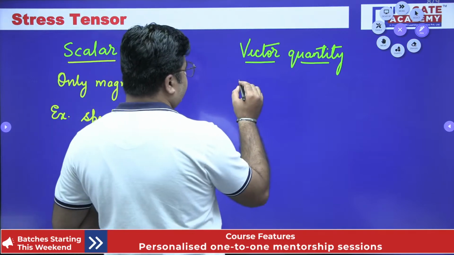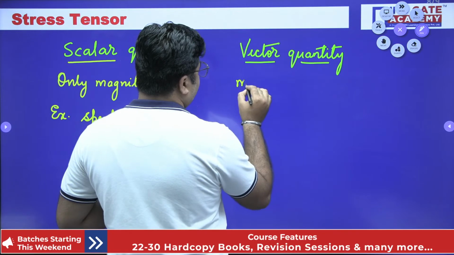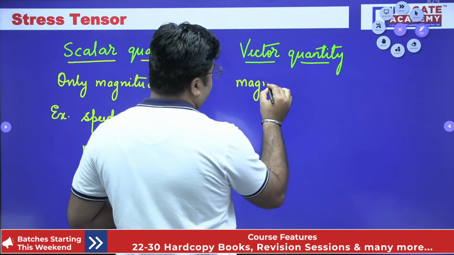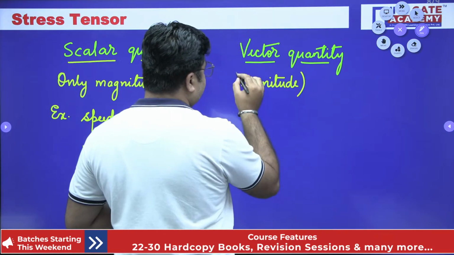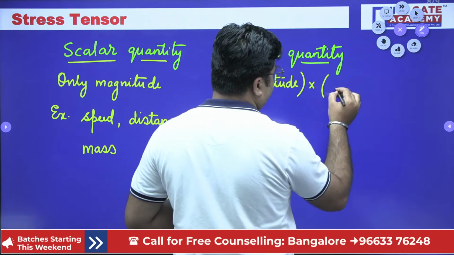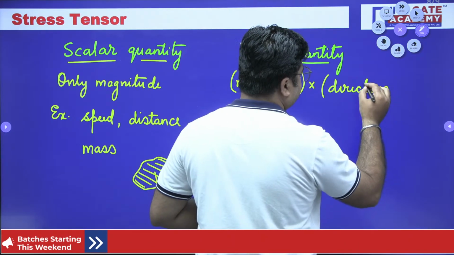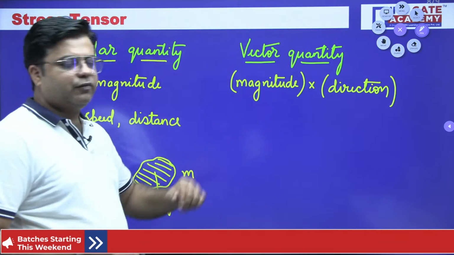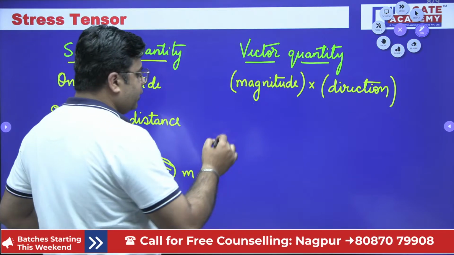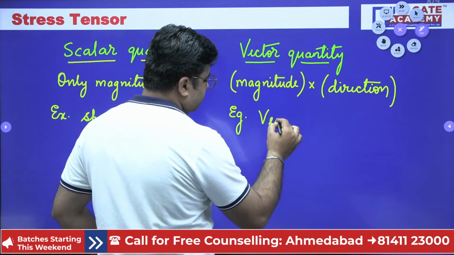So vector quantities are those quantities which have magnitude and direction both, magnitude and direction, right? So this is defined as your vector quantity. The example of vector quantity is velocity.